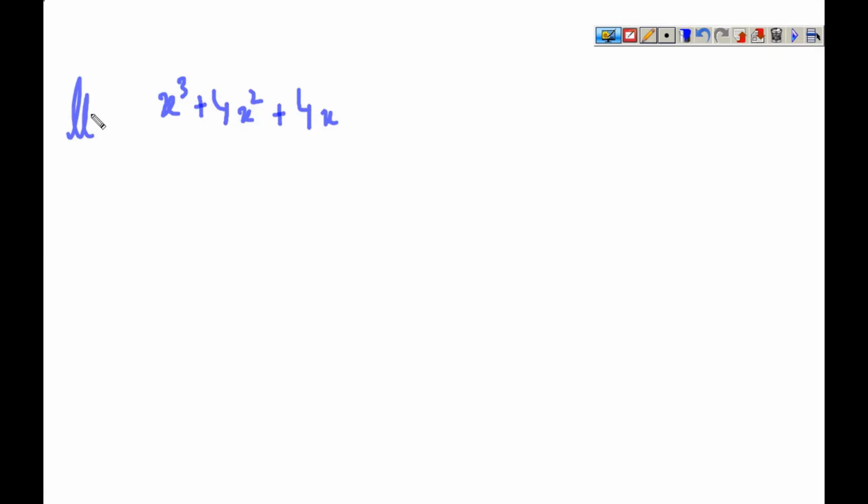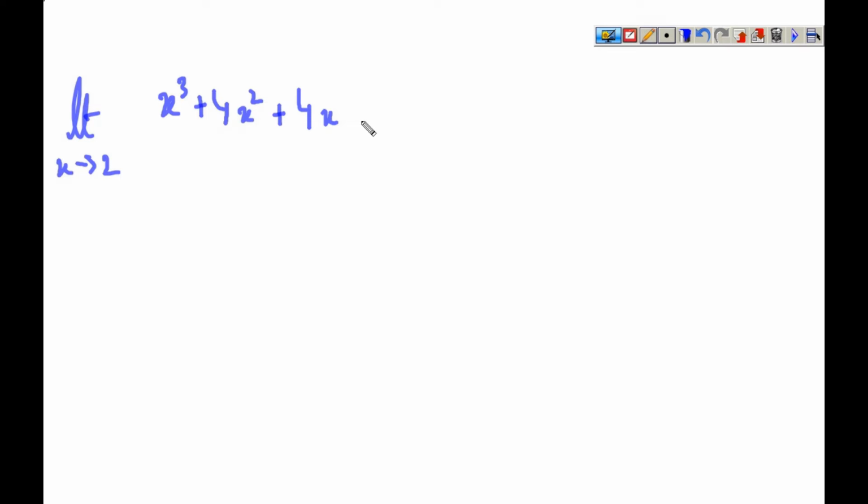First working on the numerator, we have x cube minus 4x square plus 4x, and applying the limits here, x approaches 2, right?